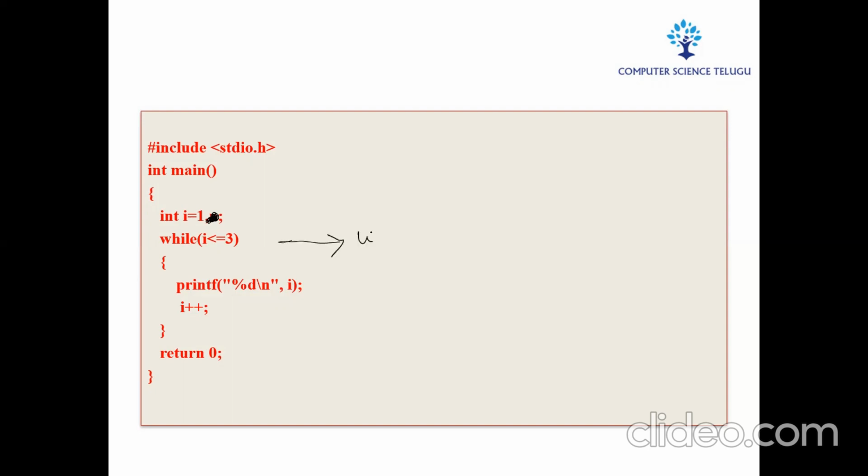Now what is going to happen? While i value is 1, less than or equal to 3, the condition is true. So when the condition is true, printf percentage d, i. It will print the first value as 1. Again i plus plus. So when I say i plus plus, what is the value of i now? This is 2.